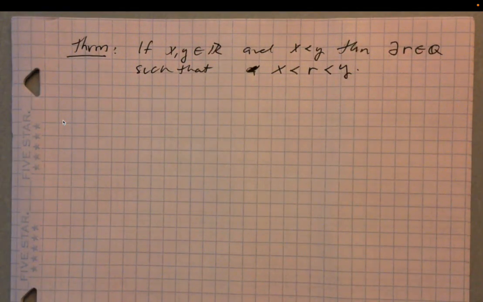So this is basically saying that if you give me any two real numbers, I can always find a rational number between them. And so this property is often thought of as the rational numbers being dense in R property.